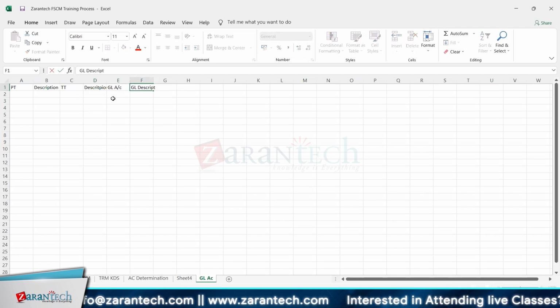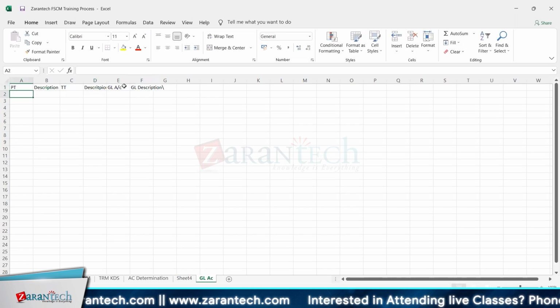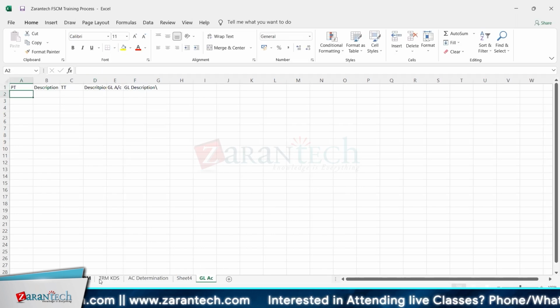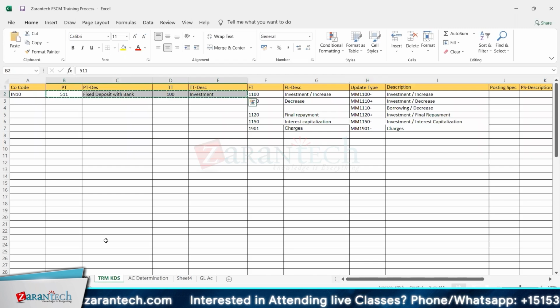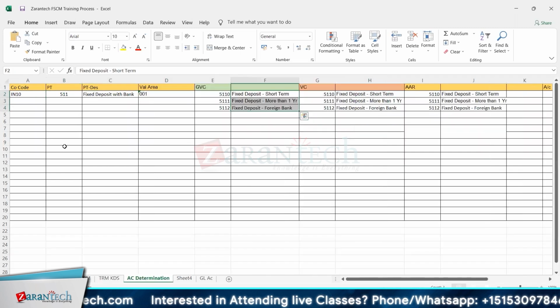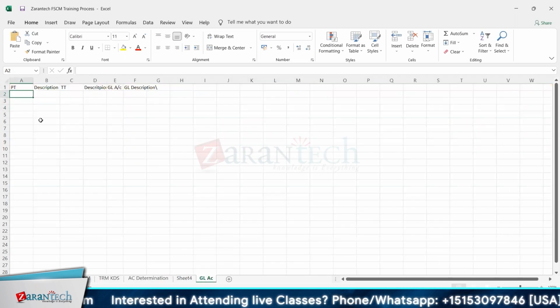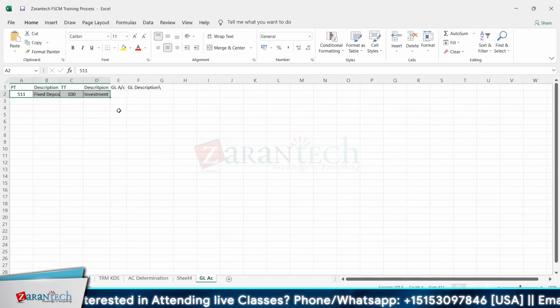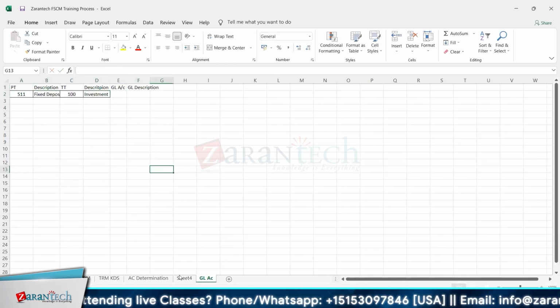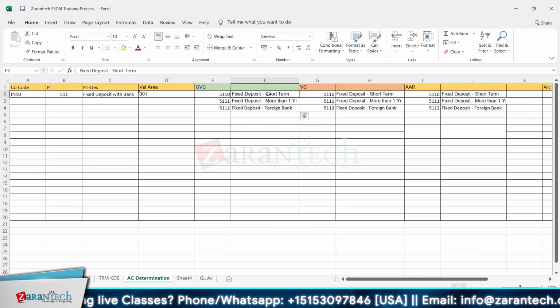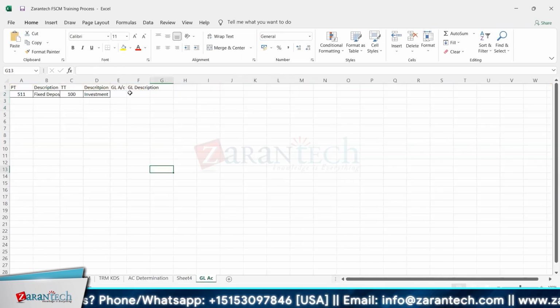So here you can maintain the GL account requirement. Now, what is my product type? This I'll copy as it is. And in the GL account requirement, I have these three different GL account requirements. So I would say this is copy and paste.